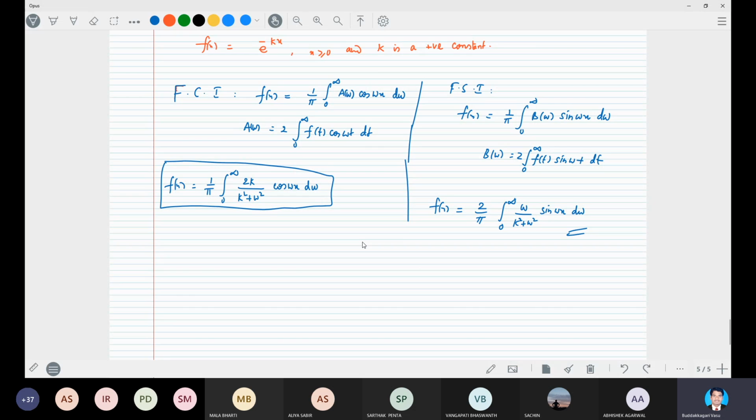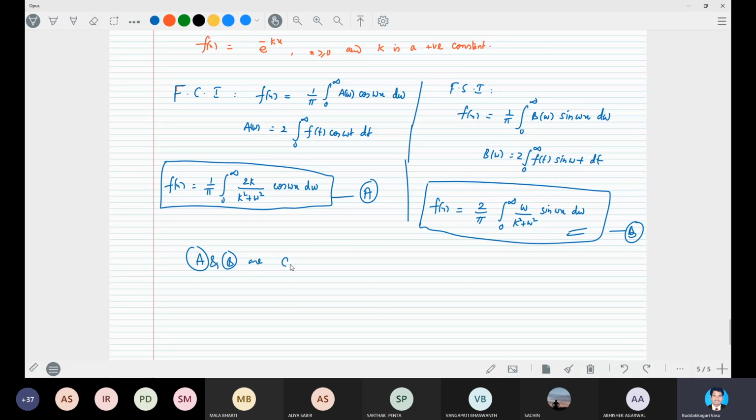these two integrals have a special property.